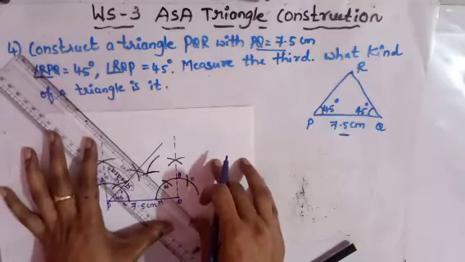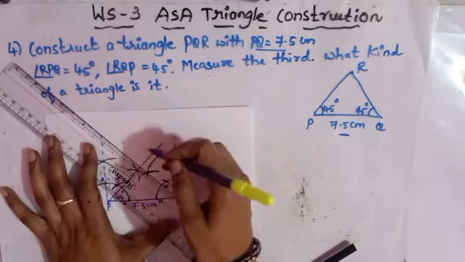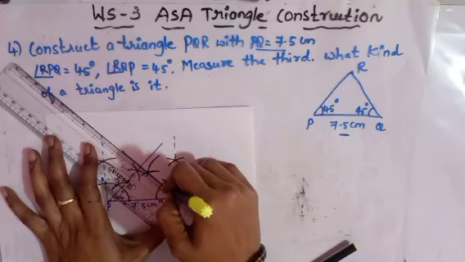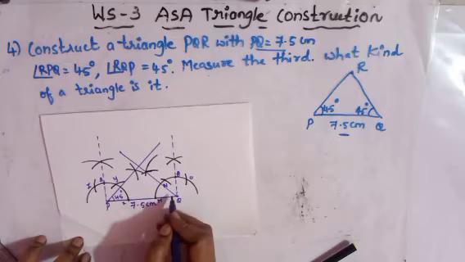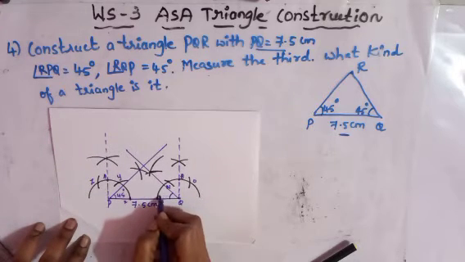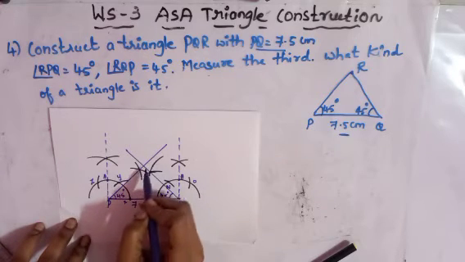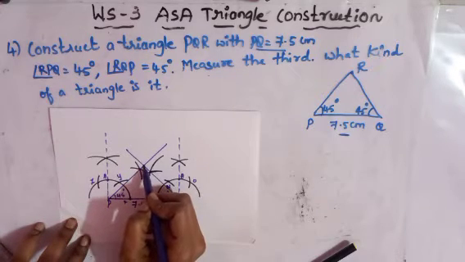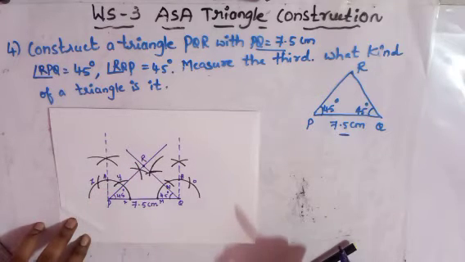Now draw a line from Q. Now angle Q is 45 degree. And where both these lines intersect, name this vertex R.